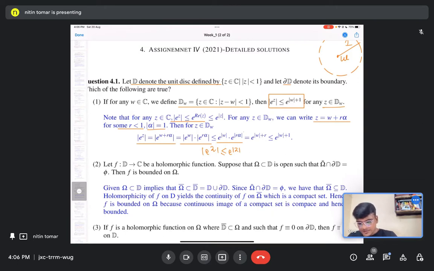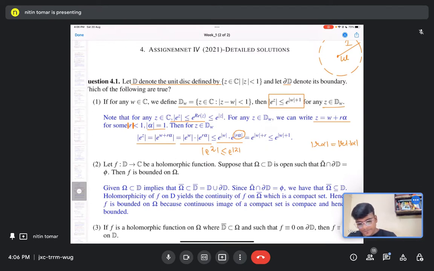Now what is the modulus of r alpha? r is a positive number, or it need not be, you just take mod r times mod alpha. Here you can write mod r less than 1. Yes, please correct this.